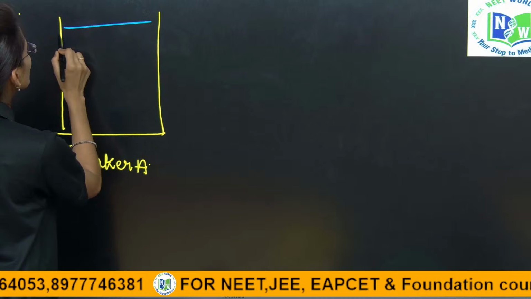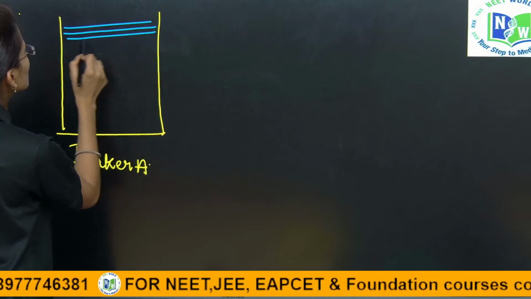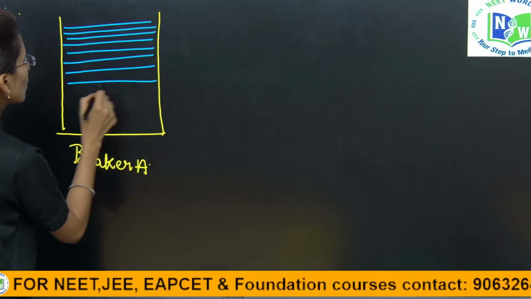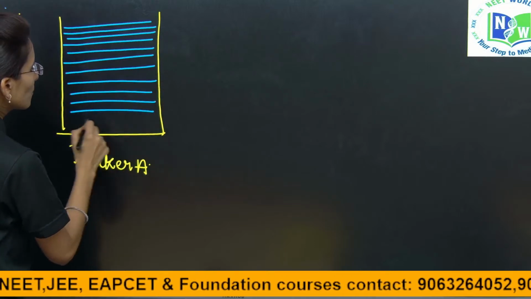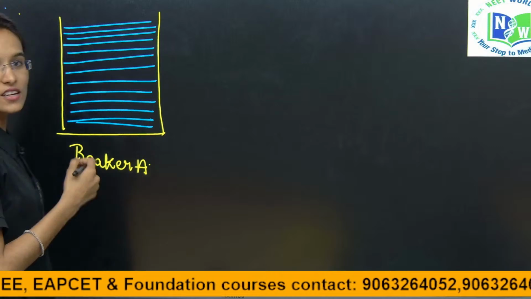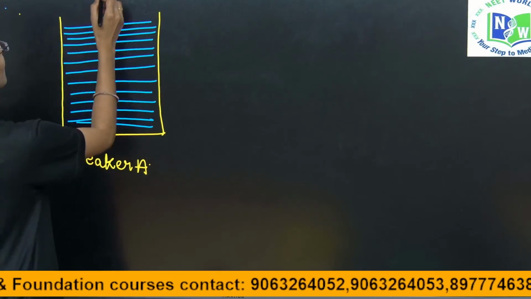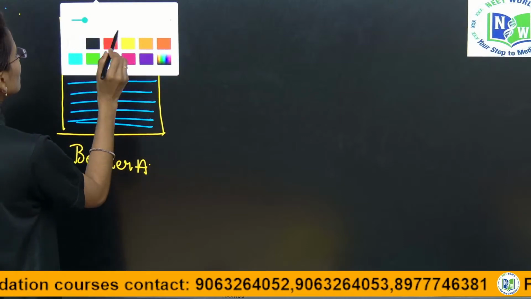Whatever blue color lines I am drawing, those are called solvent. I am adding water here. It is a general experiment which you can perform at home also, so it becomes easy to understand the concept.